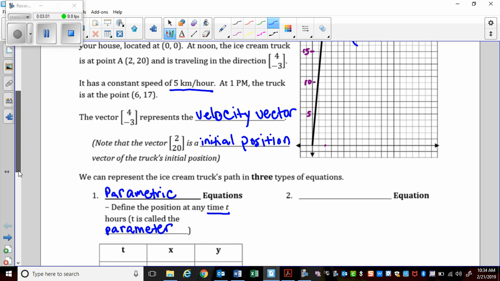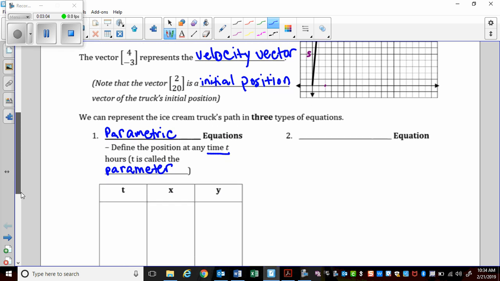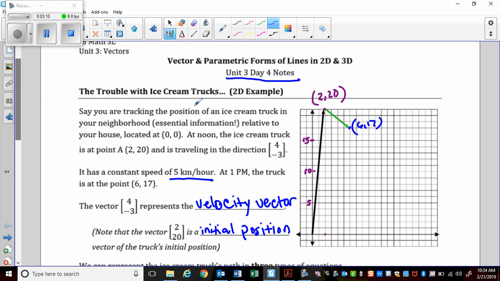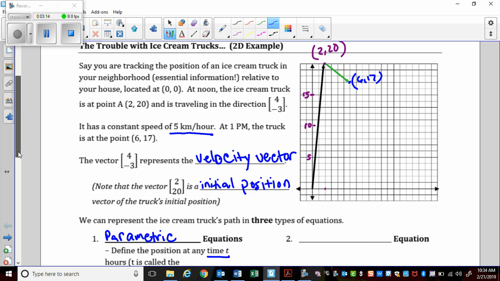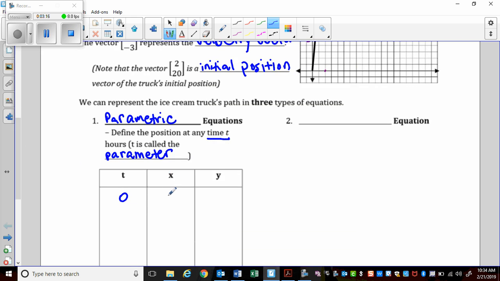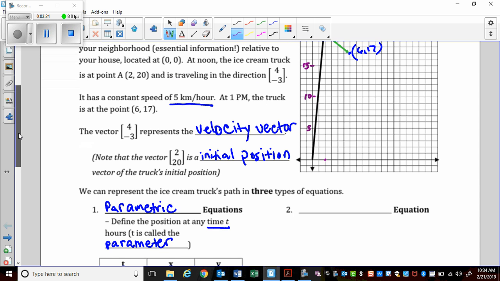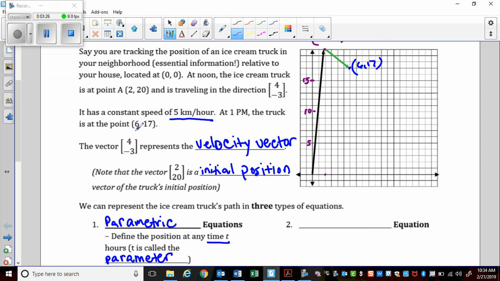So at time 0, my initial time, or at noon, I know that my x at noon is 2 and my y value is 20. And then at 1 o'clock, my x is 6 and my y value is 17.